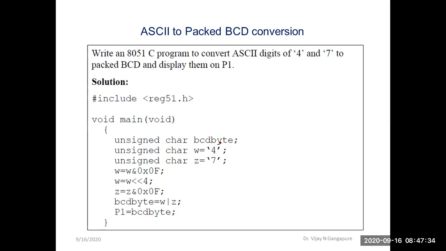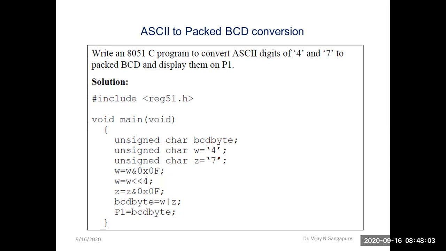BCD byte is the name given to the variable and it is of type unsigned char, meaning in BCD byte I can store any number from 0 to 255 in decimal, or 00h to FFh in hexadecimal, or in binary 00000000 to 11111111. Okay, so this is the BCD byte variable of unsigned char.